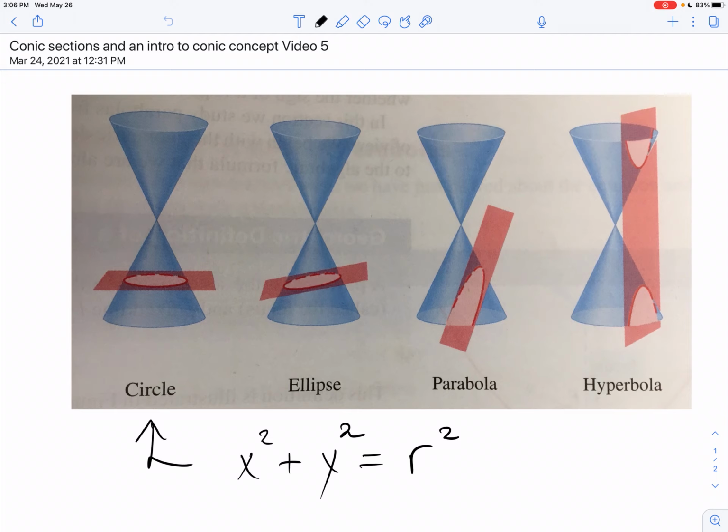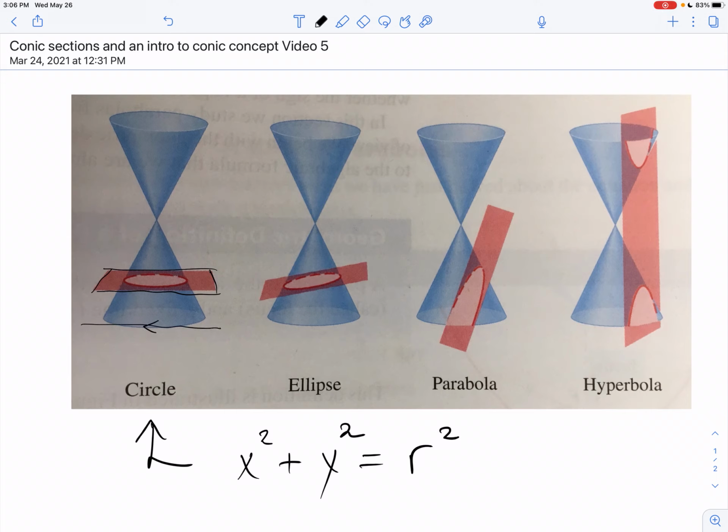Well, I have a picture of the 4 conic sections. So if you have cones, and then you take a 2-dimensional plane, like here in the picture, and you slice it through the cone so that it is parallel to the base of the cone, the shape you generate will be a perfect circle.